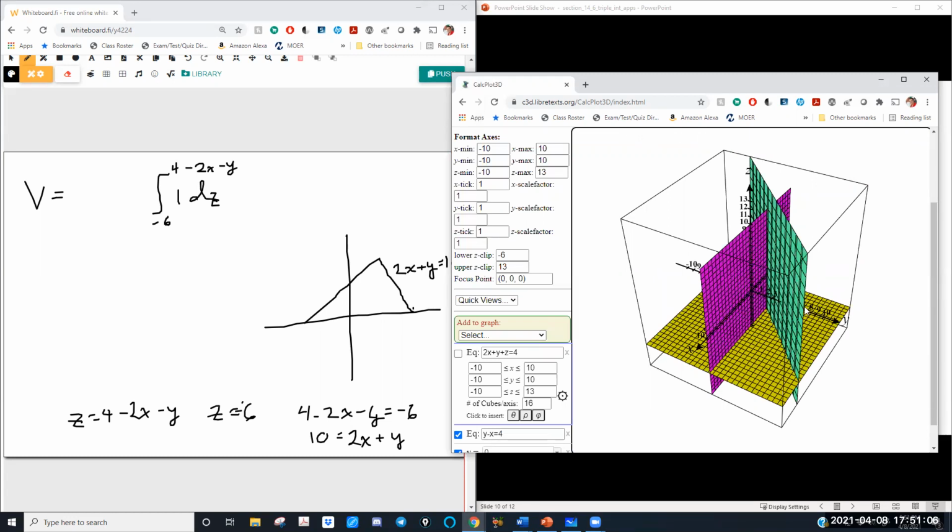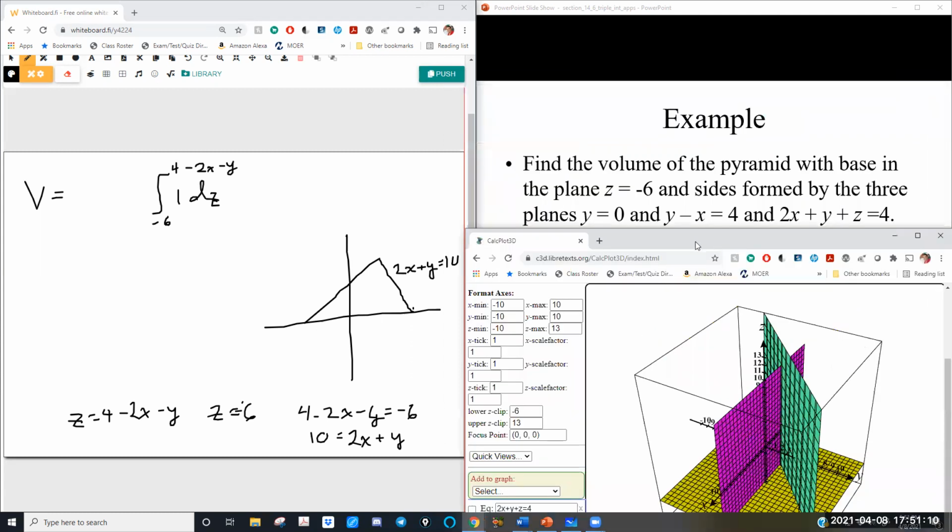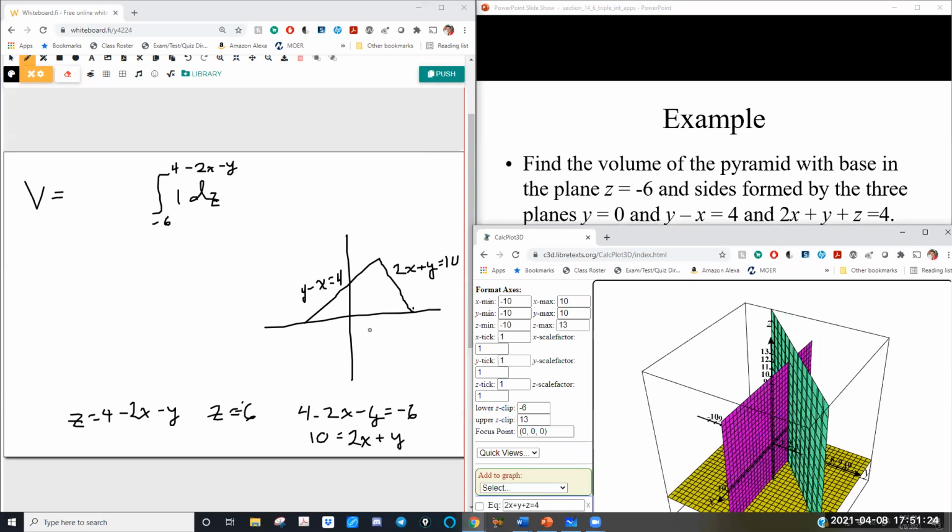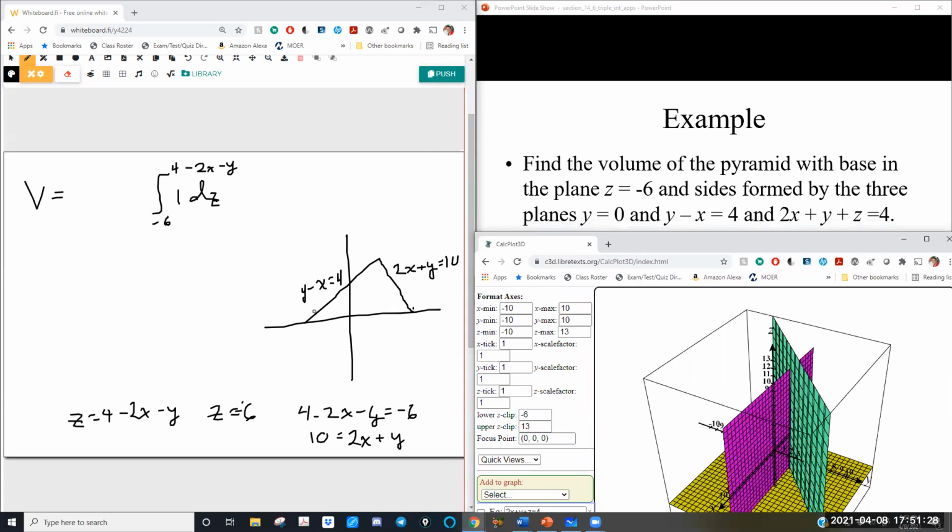Well, that is basically just this plane, which, going back to the original problem, is y minus x equals 4. So this guy is y minus x equals 4. So, guys, we are in good shape now because we're back to what we've been doing over the past week, which is a double integral.